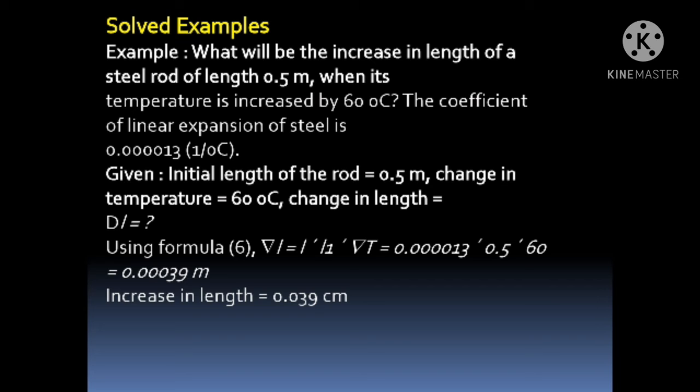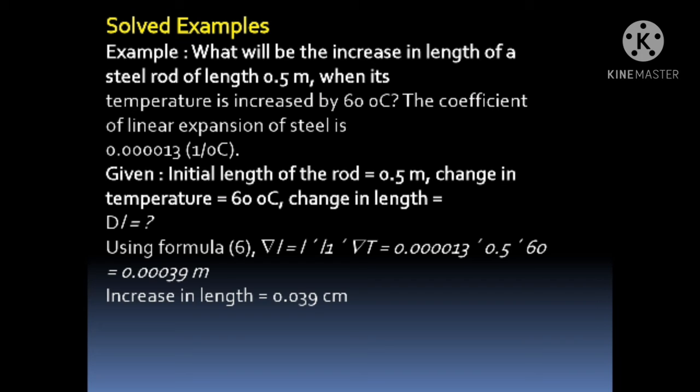What is the formula? Lambda is equal to L2 minus L1 upon L1 multiplied by delta T. So we have to find L2 minus L1, which is equal to lambda multiplied by L1 multiplied by delta T. Students, we have to find the value of L2 minus L1, that is the change in length.